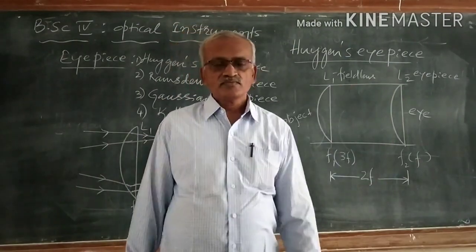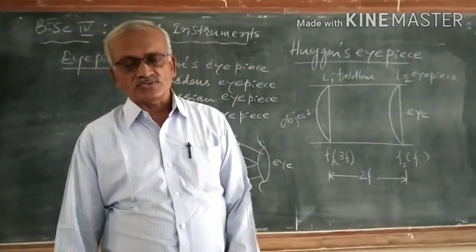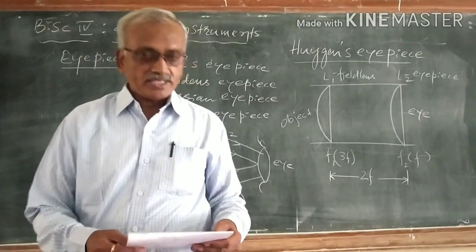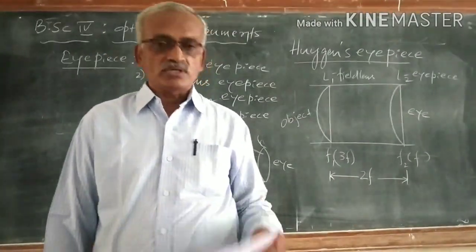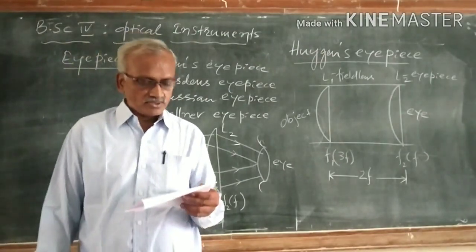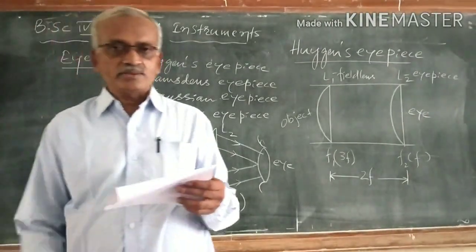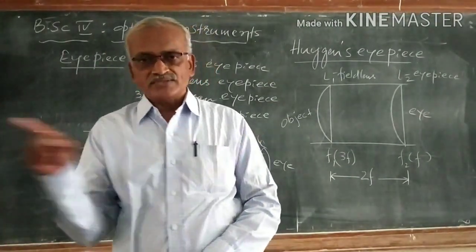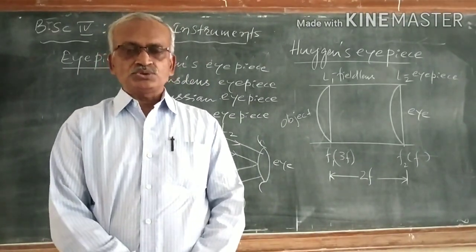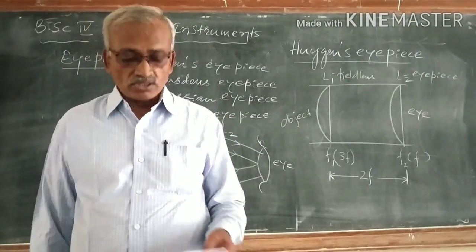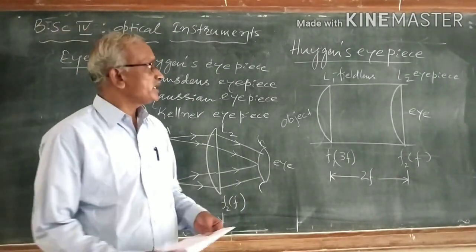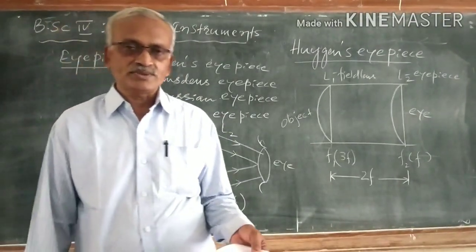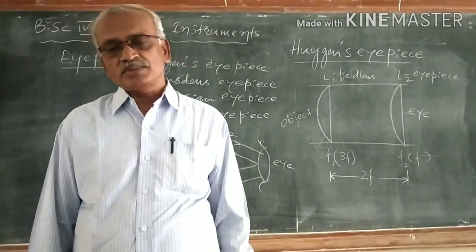An eyepiece is defined as a coaxial system of two lenses, named the field lens and the eye lens, employed to obtain a magnified image of an object. Coaxial means these two lenses are fixed on the single principal axis. They are employed for the purpose of obtaining a magnified image of the object.